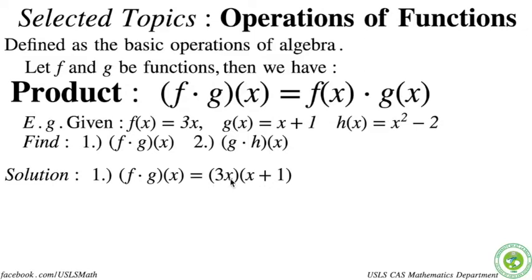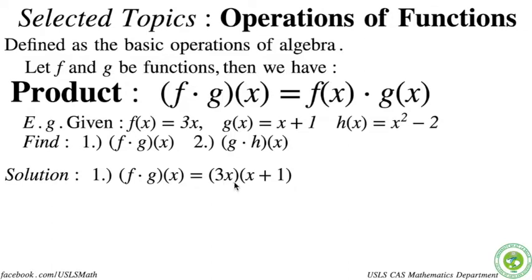In this position, we can see that we could distribute this 3x to both terms inside the binomial x plus 1. So 3x times x is 3 times 1, multiplying the coefficients, which gives us 3. And we have x and x.